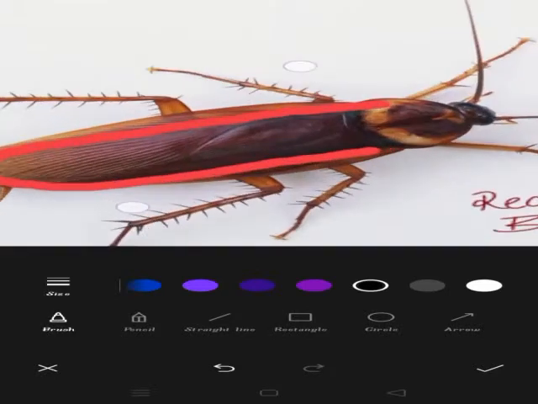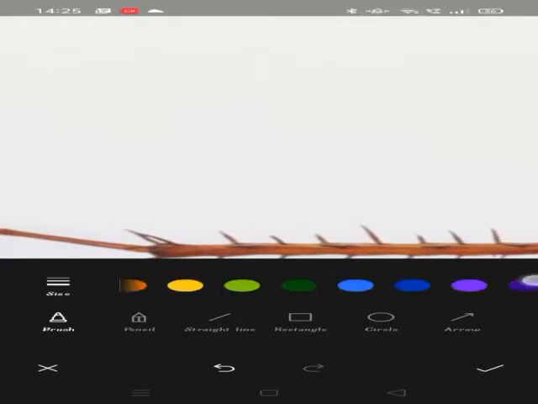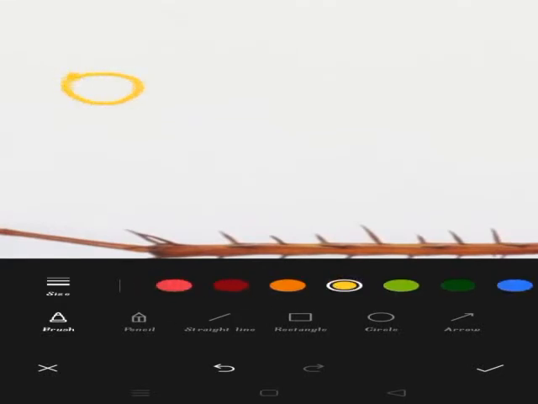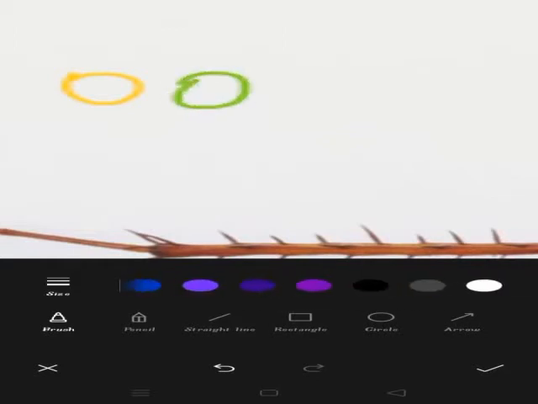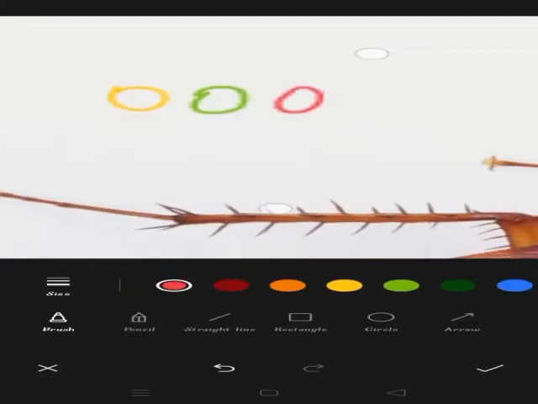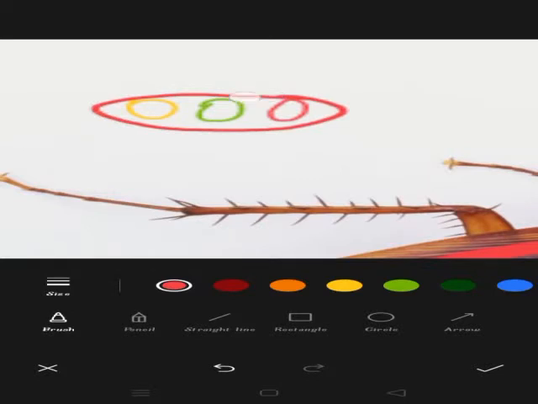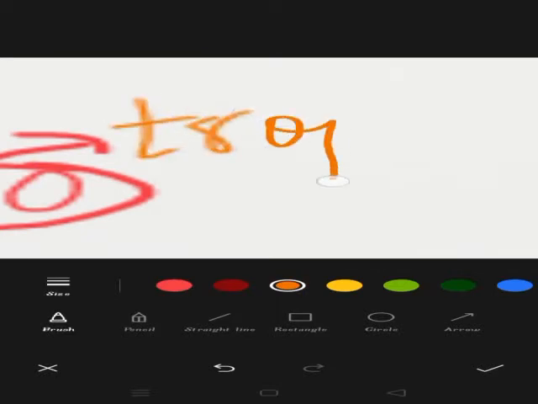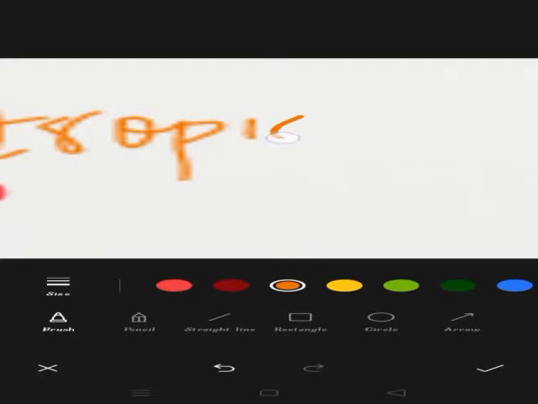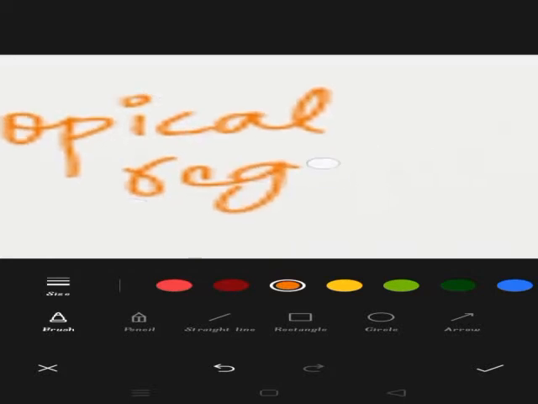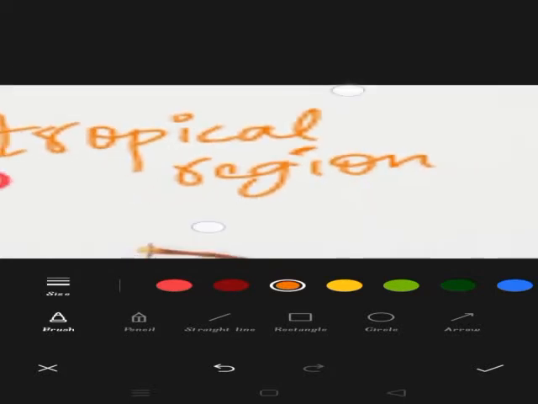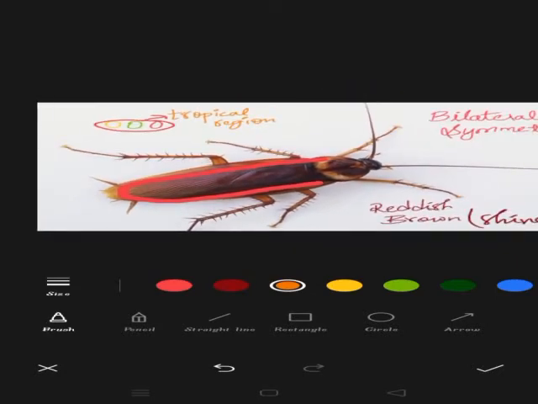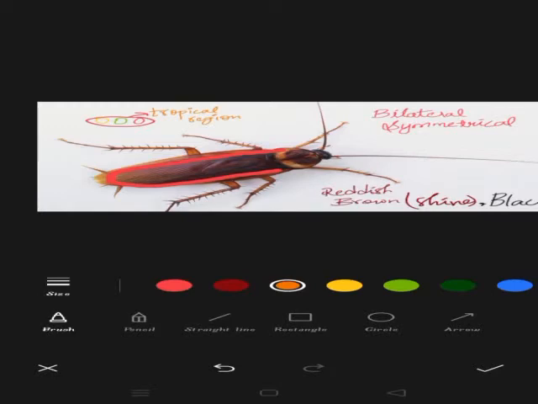It means bright yellow, green and red. These three colors have been reported in tropical regions.